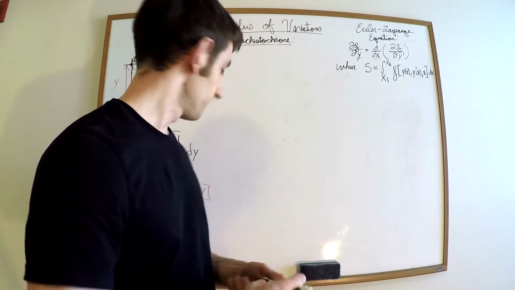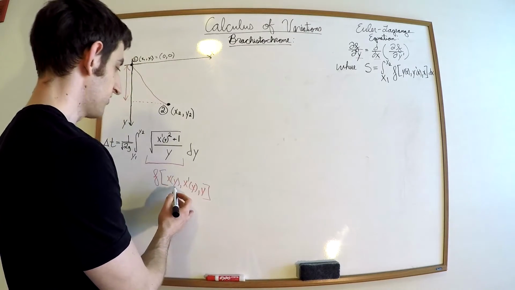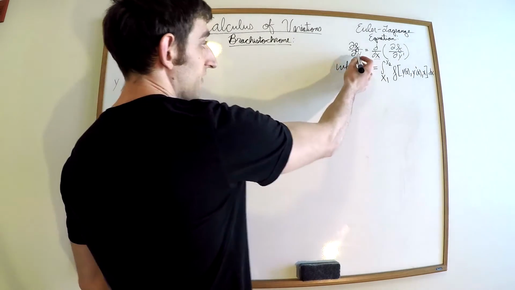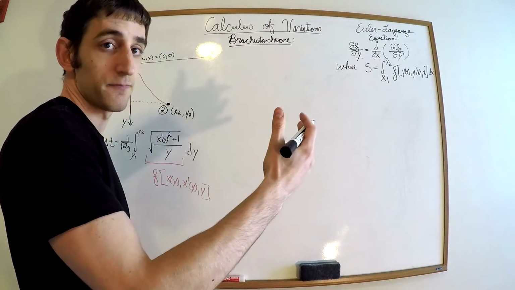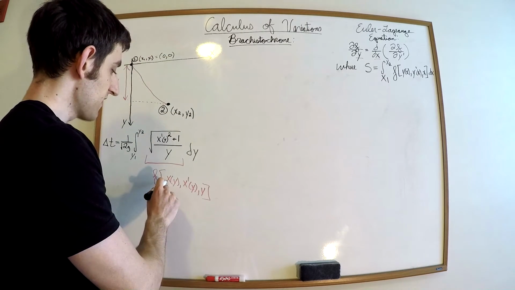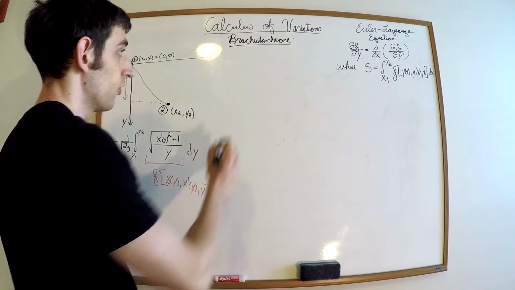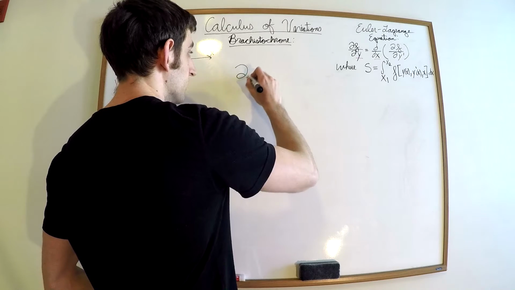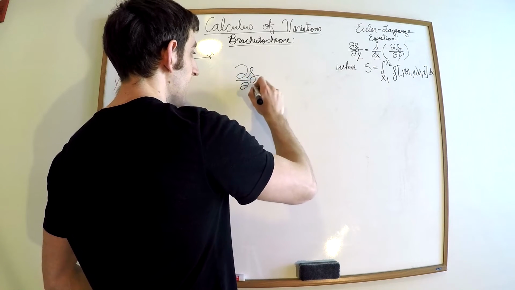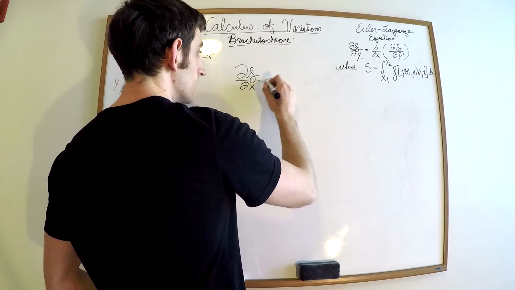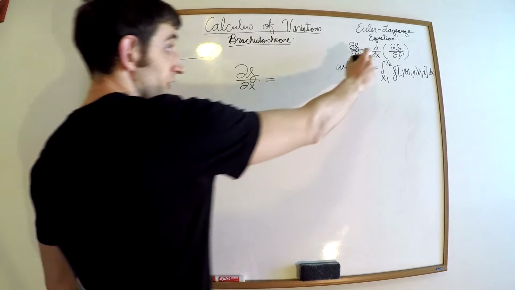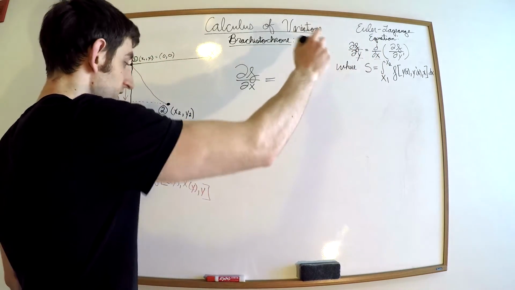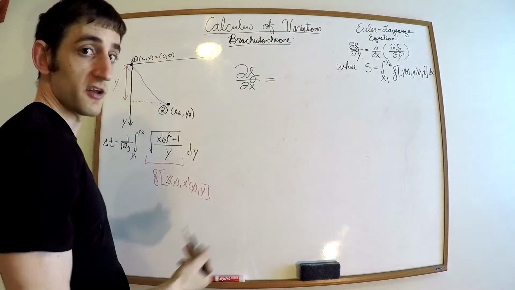Let's take a look. So using this, we know that this variable has to be the variable for the path. We're saying the path is x. So this becomes df/dx equal to the derivative with respect to the independent variable. Here we're saying y is the independent variable.